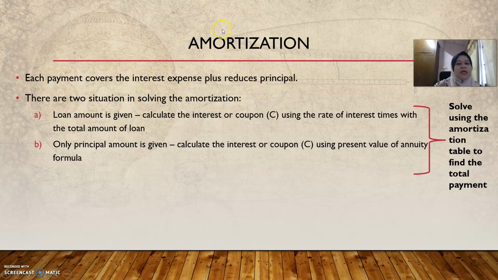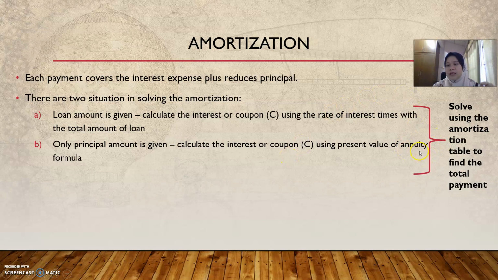In order to solve the amortization problem, there are two situations that you will face. The first is when you are given the loan amount. The second is when you are not given the loan amount, only the principal. For both, you still need to use an amortization table.